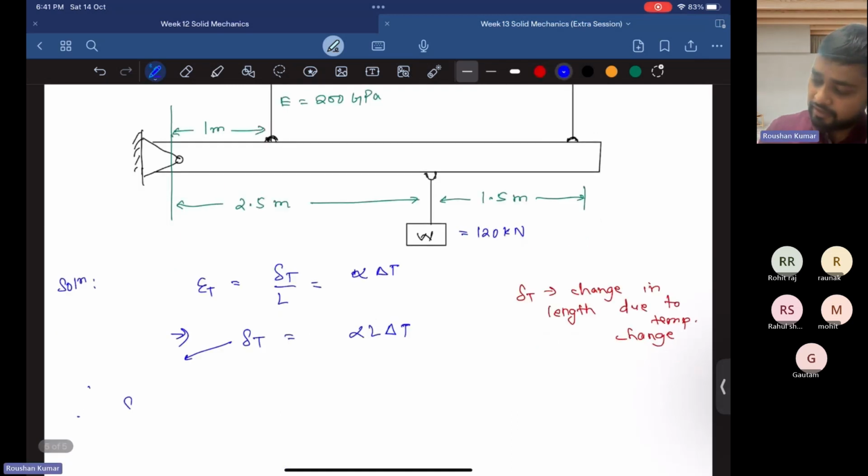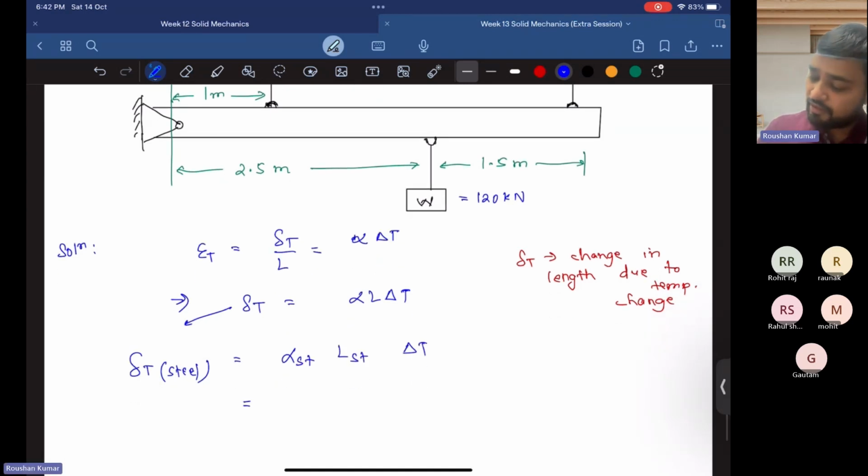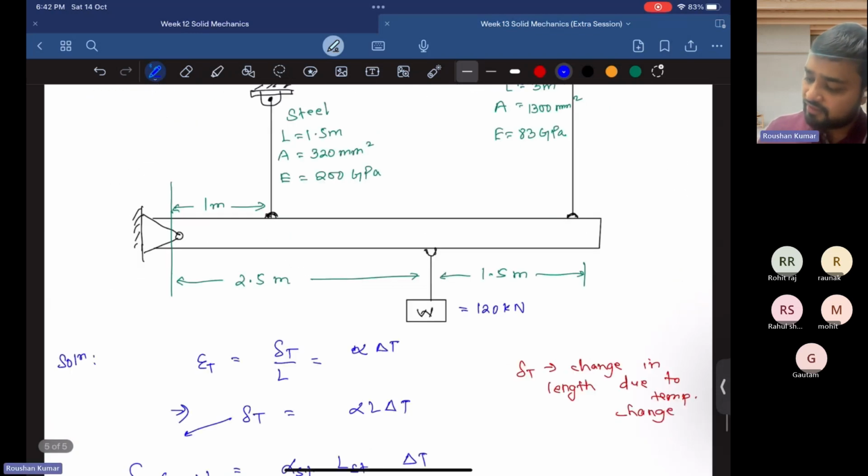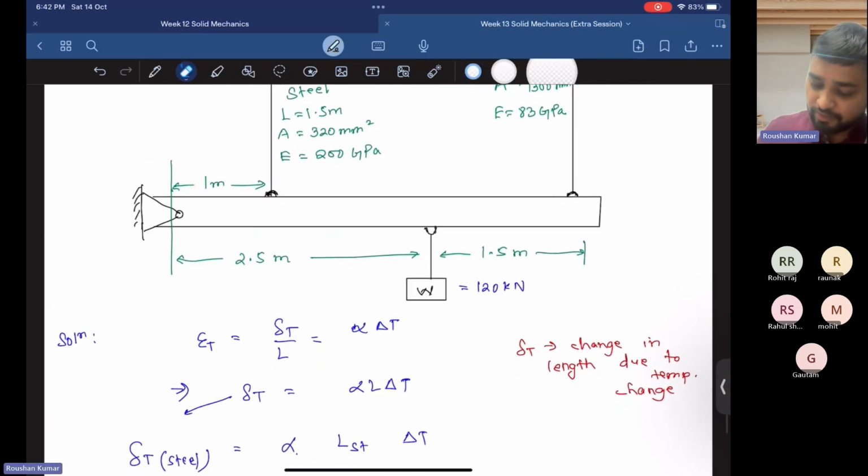So delta T of steel is given by alpha of the steel, L of the steel, and delta T. Alpha is the coefficient of thermal expansion.